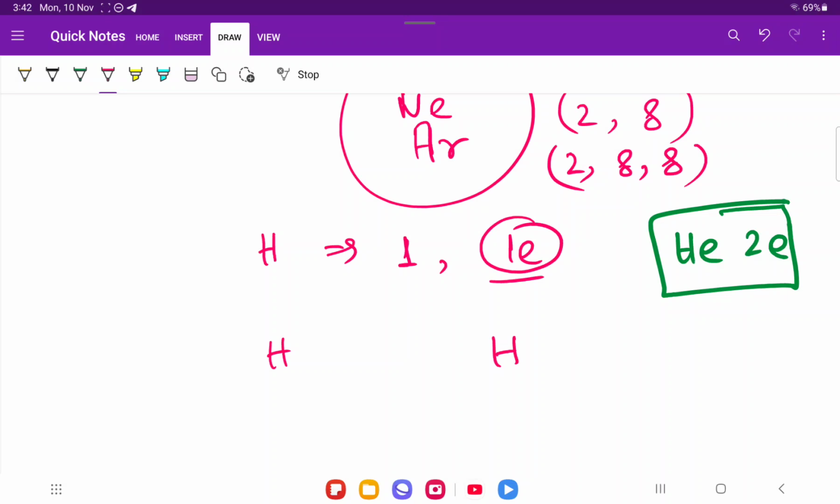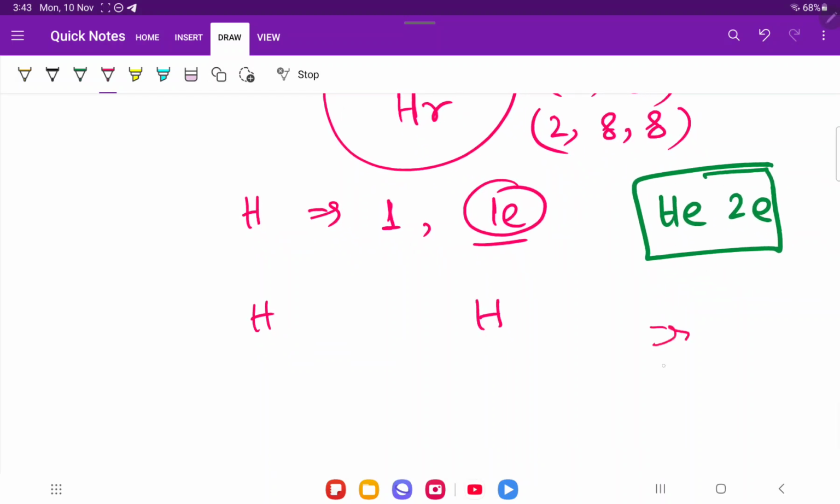Let's say two friends came together and found that something was selling in the market for 2 rupees, but this hydrogen has only 1 rupee, and the other hydrogen also has 1 rupee.